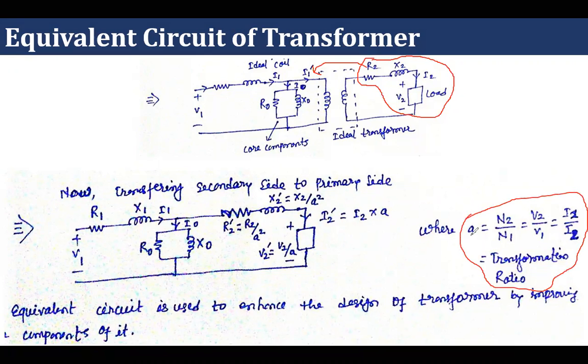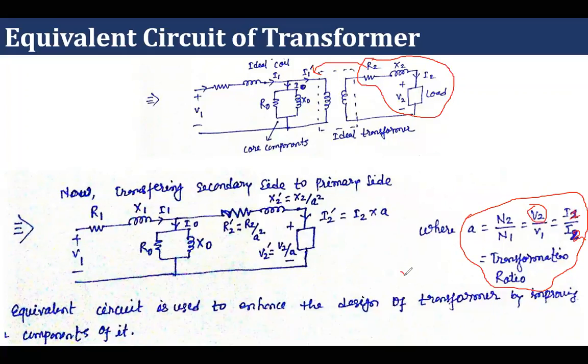We know that transformation ratio A is equal to N2 upon N1, which is equal to V2 upon V1, which is equal to I1 upon I2. Here it is I1 and this is I2. So if I know the secondary side voltage, let us consider V2, I can easily find out how much V1 will be.